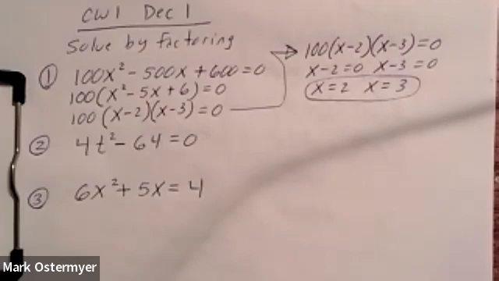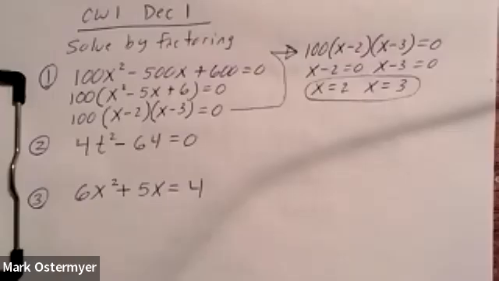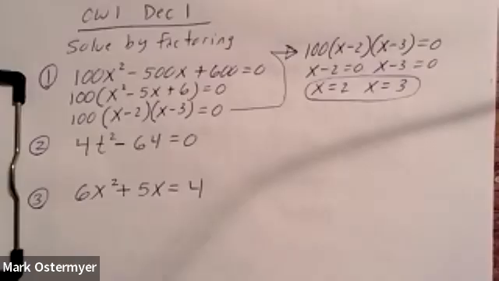Sarah, did you get 2 and 3 for the first one? I did not. Okay, what did you get? I kind of confused myself, so I didn't actually get that one done. All right, I was trying to figure it out. You see it right there, the solution? Yeah. All right, did anybody get 2 and 3 out there?